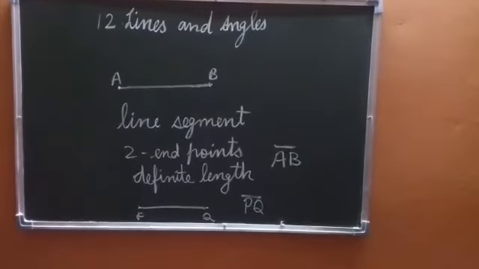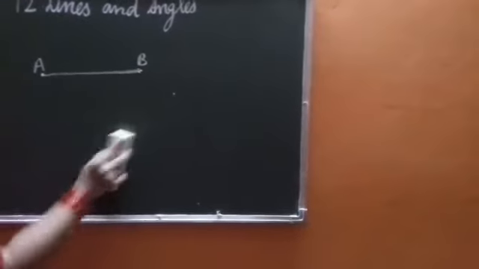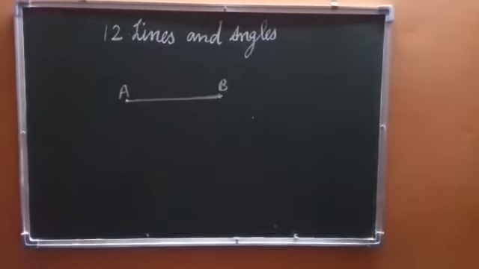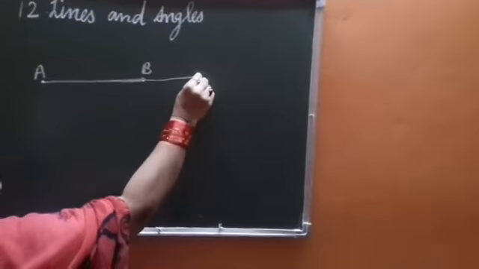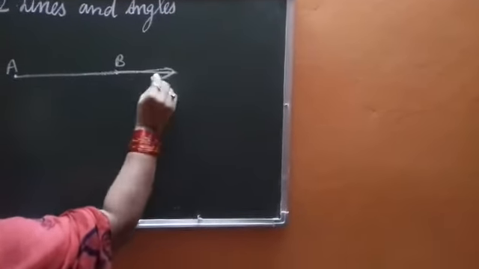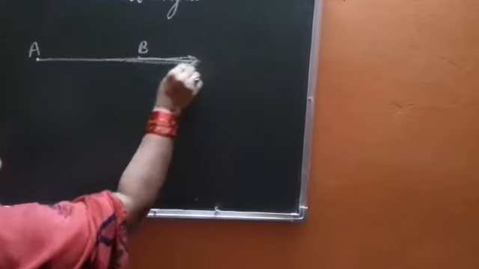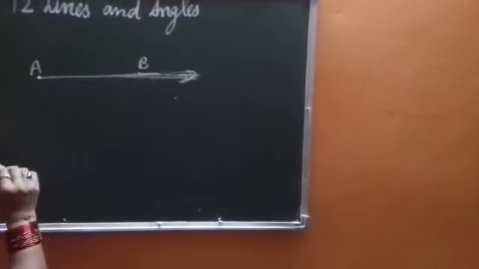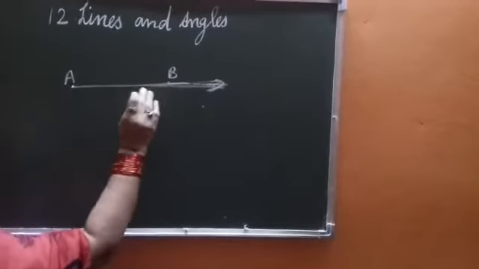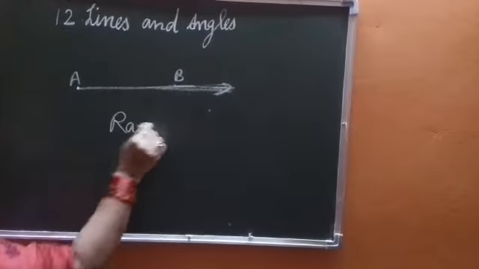Now if this line segment we extend in one direction, अगर इस line segment को हम एक direction में आगे बढ़ा दें, suppose इस तरह से, a line segment cannot be extended, but this will give rise to another figure. Suppose ये line segment इसको हमने एक side से आगे बढ़ा दिया. Now we get another type of figure. This figure is known as a ray.